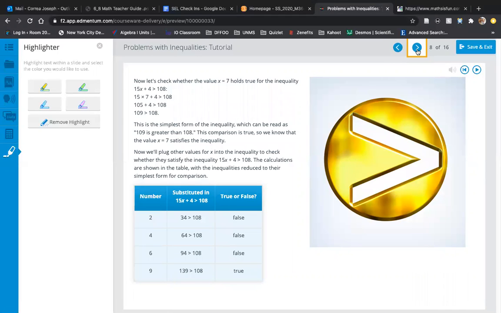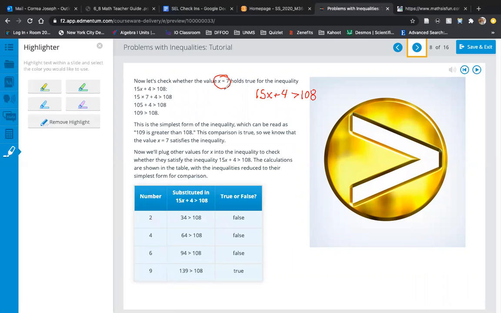So now, same inequality, 15x plus 4 is bigger than 108. And now we're checking the value of x equals 7.